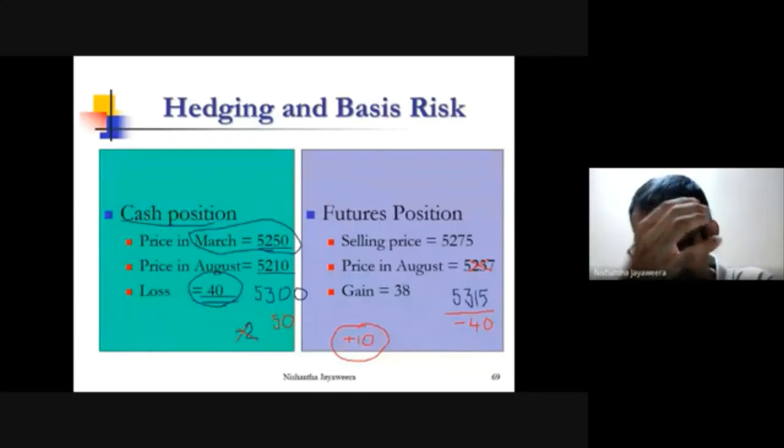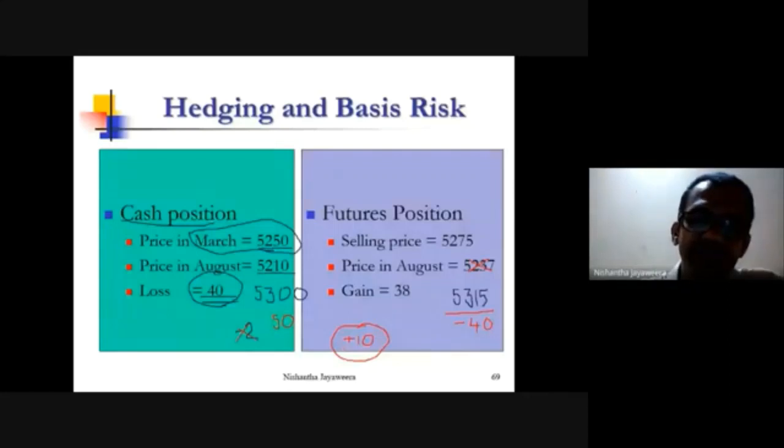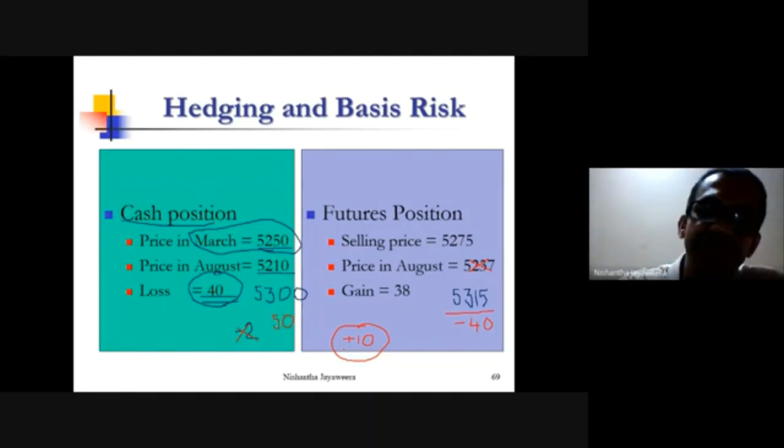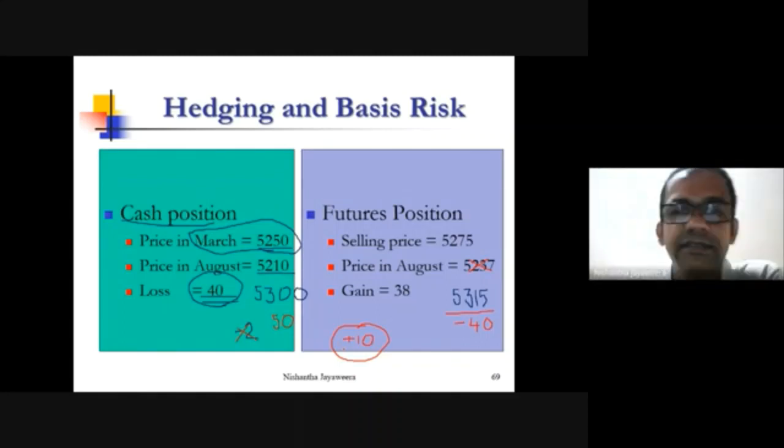When you hedge, you should not gain anything or lose anything. The value of your portfolio should remain almost at the same level. Due to basis risk, it may not be exactly the same value.